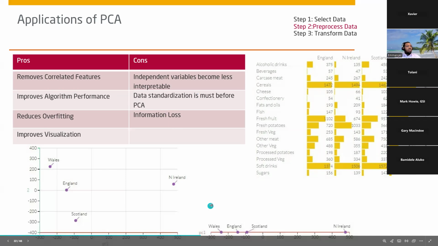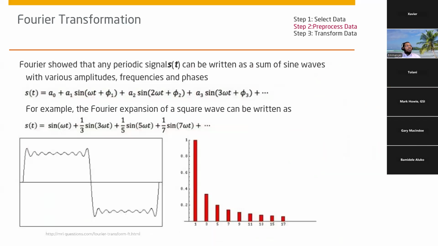So let's go. Fourier transformation. I actually thought I'd remove this particular slide, but this Fourier transformation is some mathematics. I did this while I was doing a master's degree, in a course on digital signal processing, where we use a lot of Fourier transform.